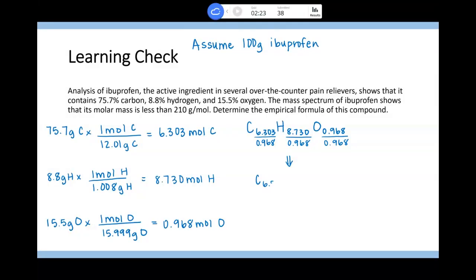This provides C 6.5 H9O1. I don't have written down what these fractions are, but it's probably not exactly 9 or probably not 6.5. But if you have the numbers, that'll give you an idea of what you can round.